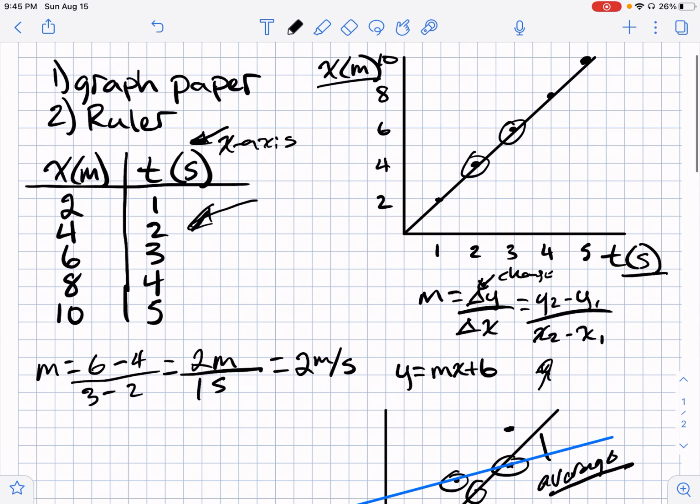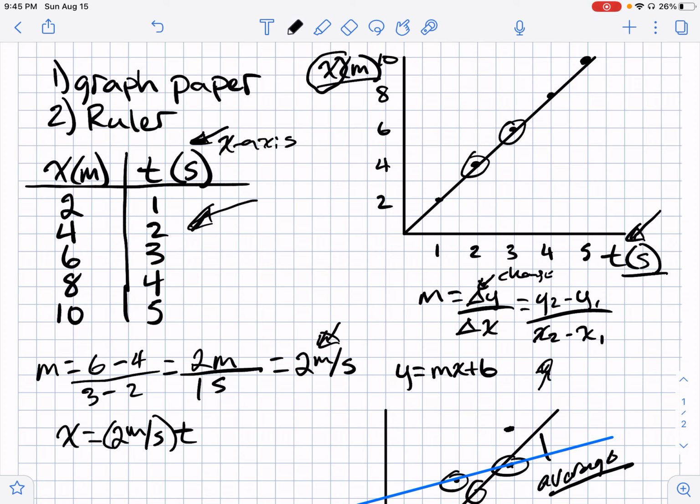If I look back up here, it's position. So instead of y for this equation, I would say x equals m, your slope, and we found it right here, so I would put 2 meters per second. My x variable is time, so I'm going to put t.